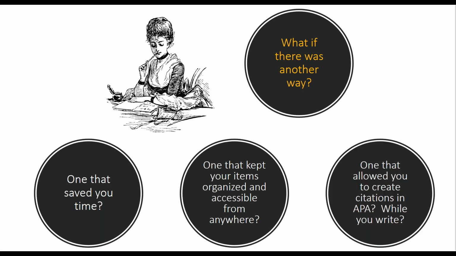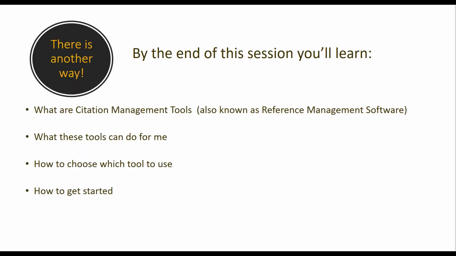Well, that's what we're all here for. So we're here to explore some of the different citation management tools that you can use. Hopefully by the end of the session, you'll have a better idea of what citation managers are, what they can do for you, how to choose which tool to use depending on your needs, and generally how to get started.